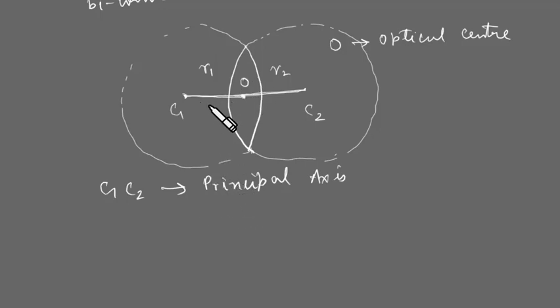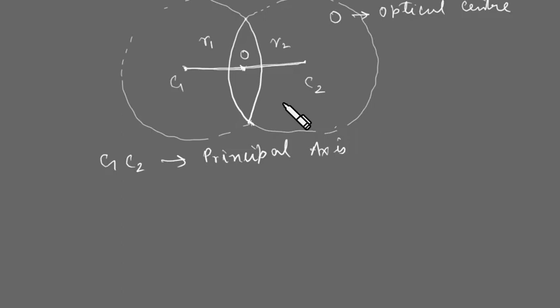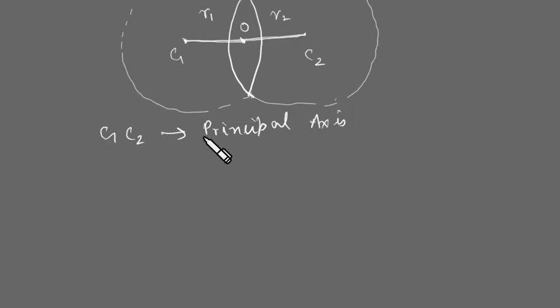The principal axis of a convex lens is the line joining the two centers of curvature of the lens, which goes to the optical center of the lens. So optical center, principal axis, radius of curvature and center of curvature are the terms involved with a convex lens.